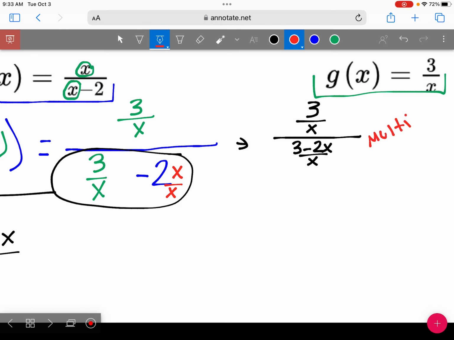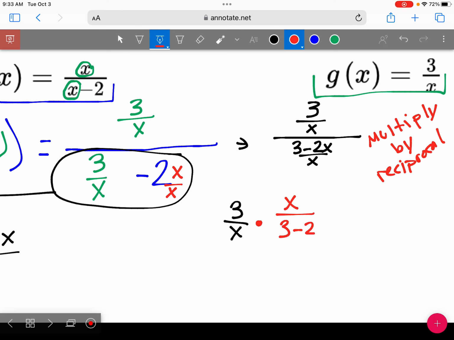Multiply by the reciprocal. So what we really have here is 3 over x times, flip the bottom, x over 3 minus 2x.